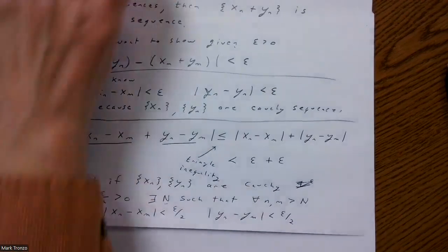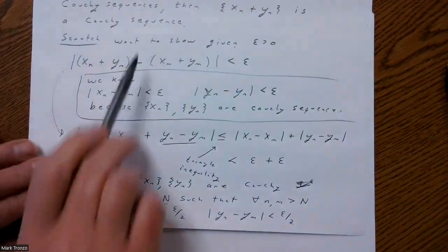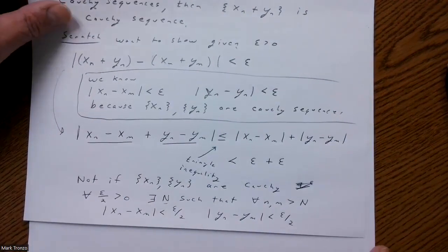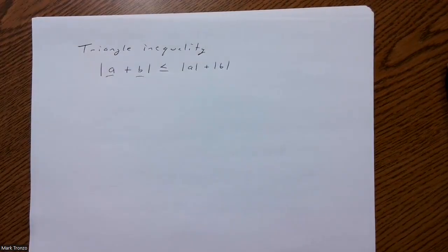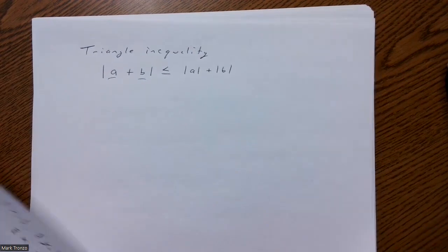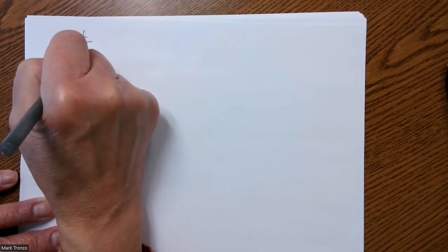So this was the scratch work. So let's put the proof together. Proof. Let epsilon be greater than 0.